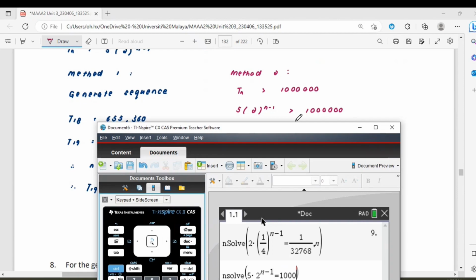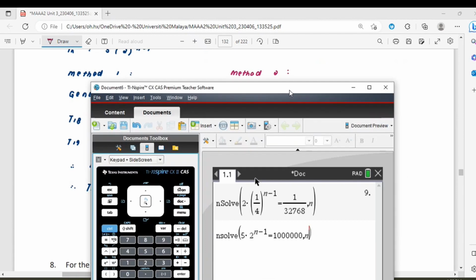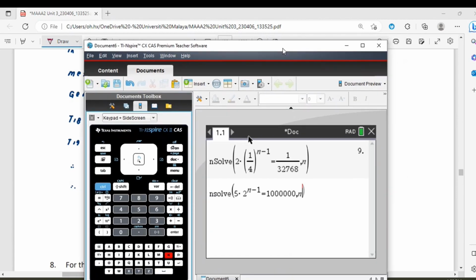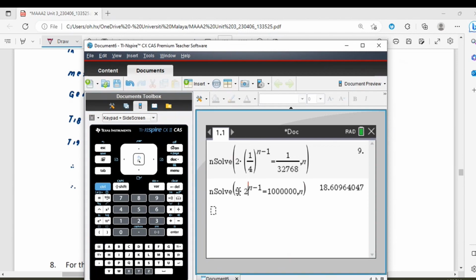So 1, 0, 0, 0, 0, 0, 0. Okay, then we are solving for n also. Make sure you type everything correctly, then after that you press enter. In this case, you must make sure the n minus 1 is here, so you don't put a bracket here, you get what I mean? Because the n minus 1 only belongs to 2. So now you get 18.61.